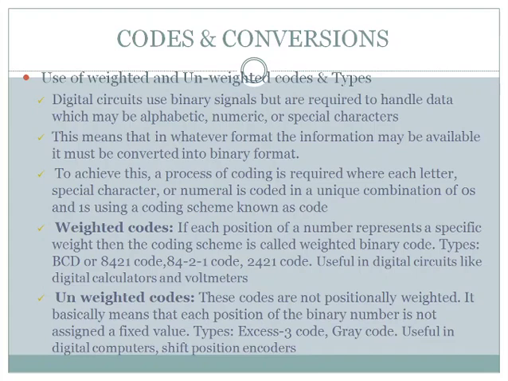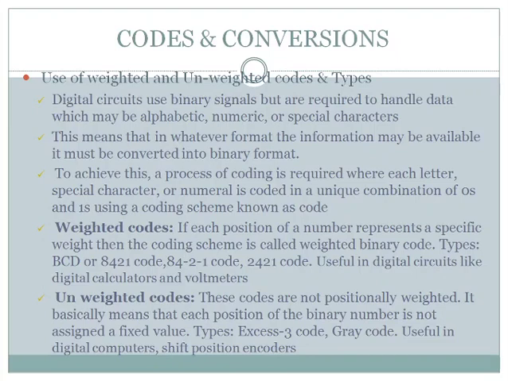We have a number of coding schemes, and in every coding scheme a different combination of ones and zeros represents a letter, a character or a numeral. We will see the various types of coding schemes in this lecture, and also find out how to convert the codes from one format to another format.